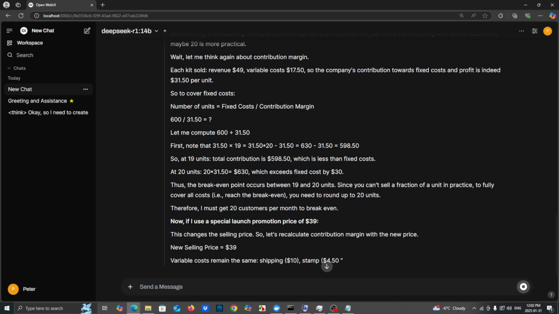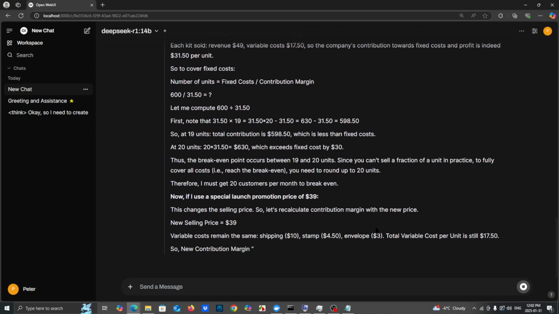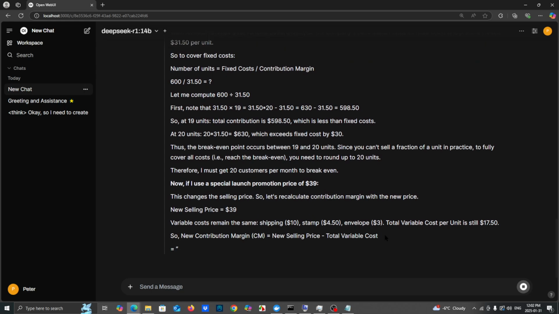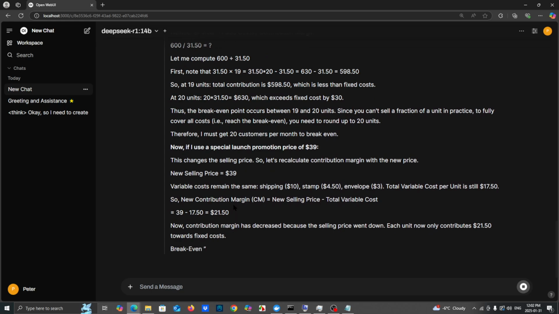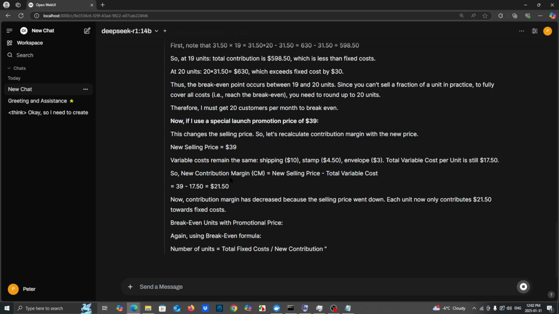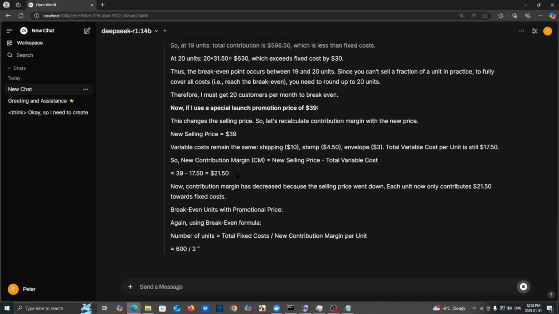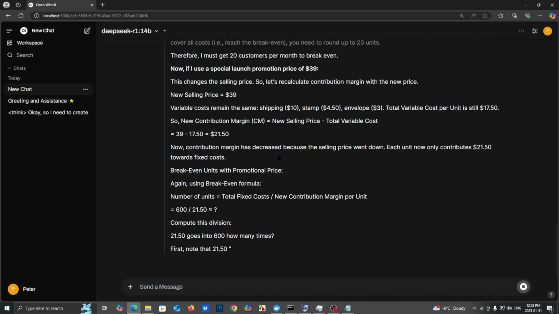Okay, so this is the second question. The new selling price is 39, but the variable cost has not changed. So this is the new contribution margin, 21.50. It means that every time that I sell the kit to somebody, I have $21.50 to pay the monthly expense, which I'm being charged regardless of whether I'm selling or not selling.